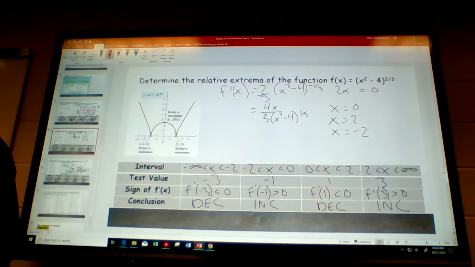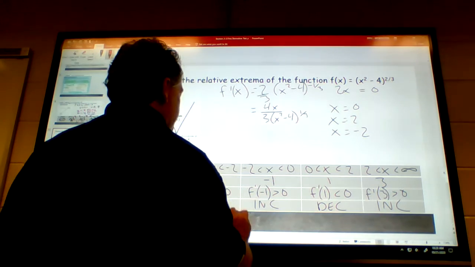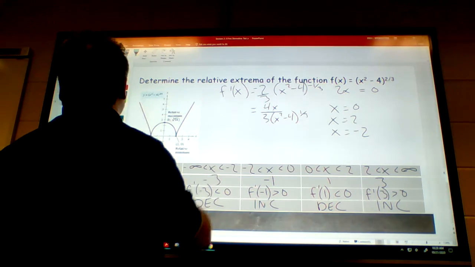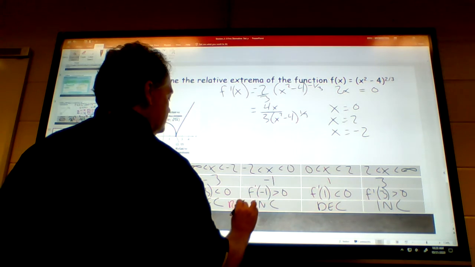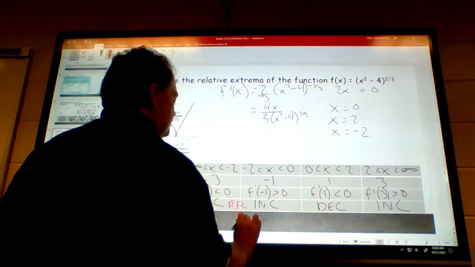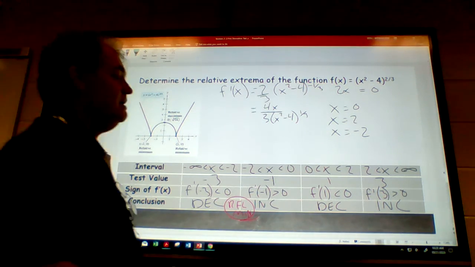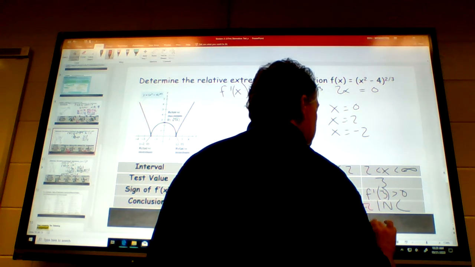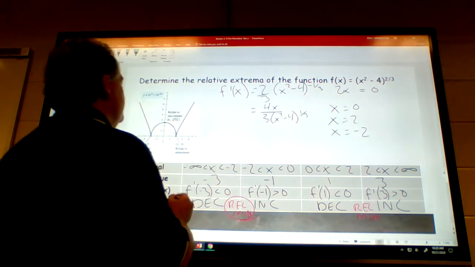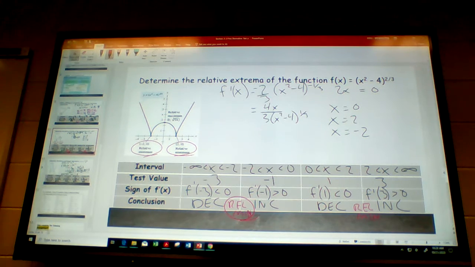So, since it goes from decreasing to increasing, we have a relative minimum right there. And we also have a relative minimum right here. And that's evident at these 2 points right there. You can see them on the graph.